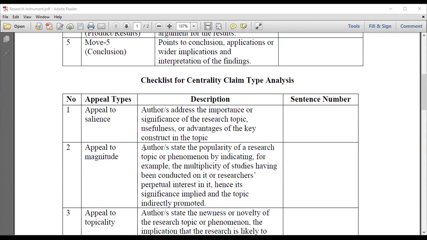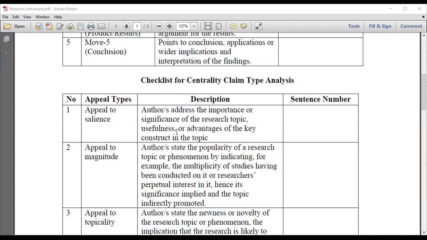Now, this is the instrument for centrality claim. This claim is important for authors to attract readers' attention to read the abstract and of course the article.